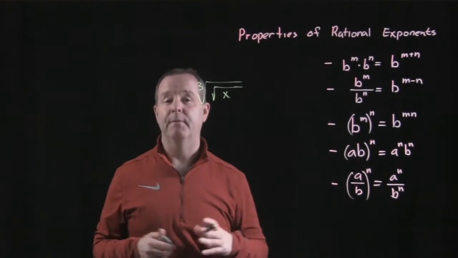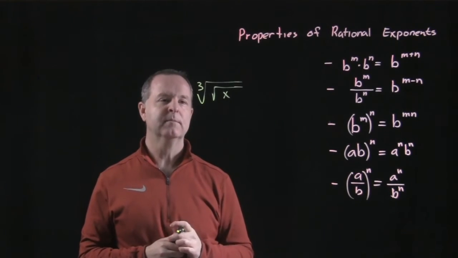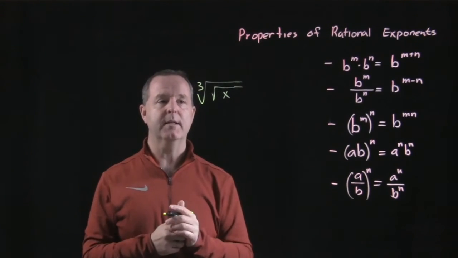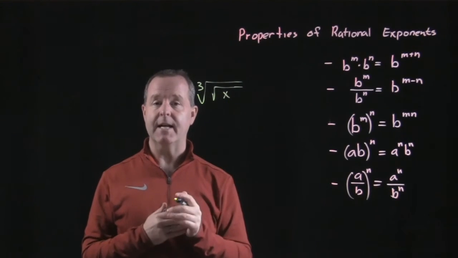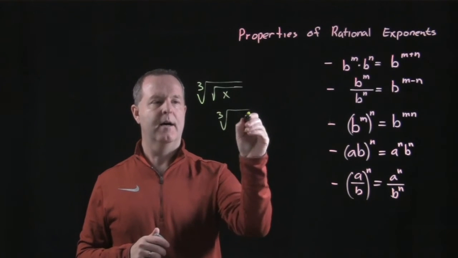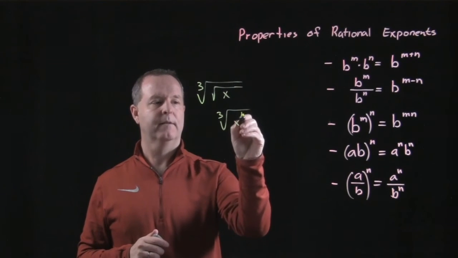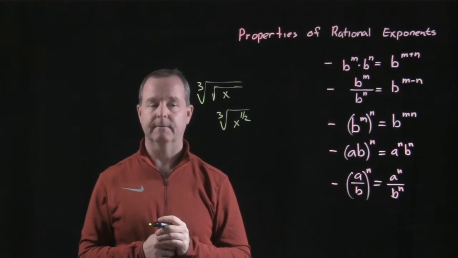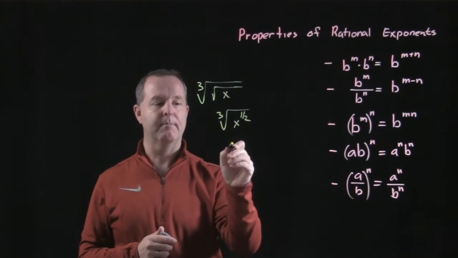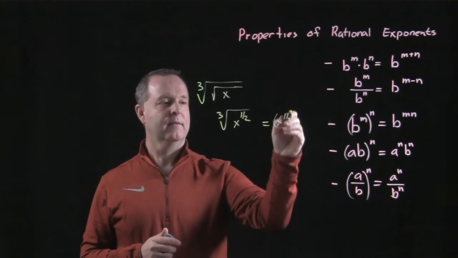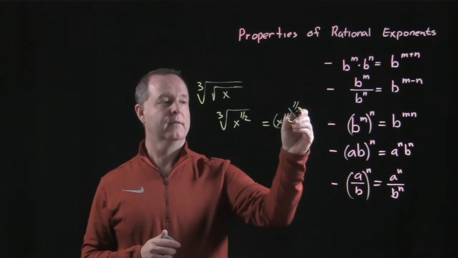And our last example is we have an embedded root. So let's again, step by step, deal with what we want to deal with. Let's deal with the most inside part first. So I'm just going to rewrite this as the cube root of x to the 1/2. Square root of x, same thing as x to the 1/2. From here then, I'm going to take my base, which was the x to the 1/2, and then write that to the 1/3.